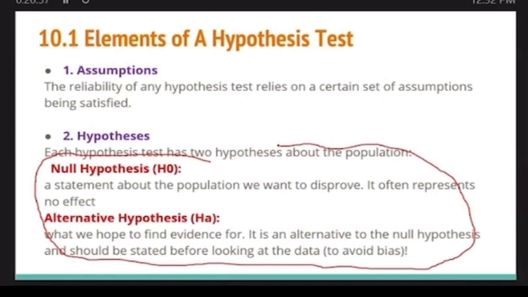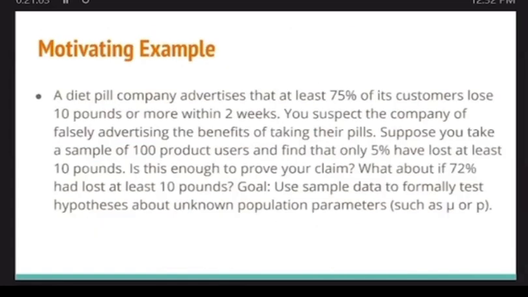Okay, now the whole thing is going to start from hypothesis formulation. If I want to go back to the motivating example, in your question, you should be able to identify the hypothesized value. The hypothesized value actually comes in terms of a claim. Take a look at this one here.